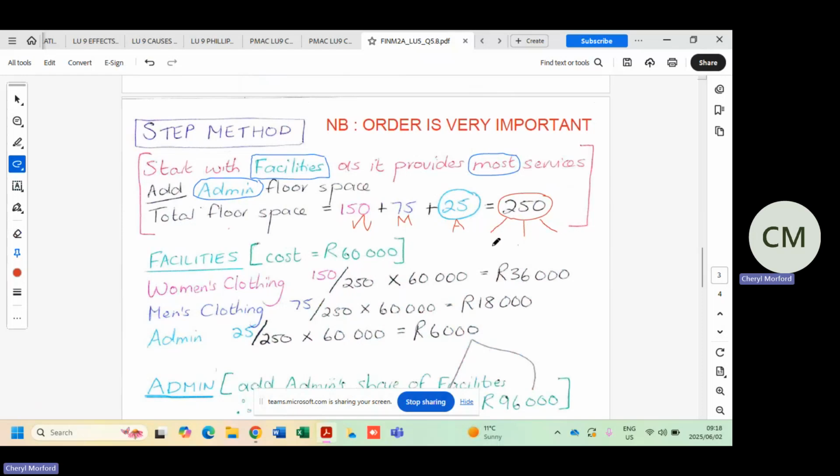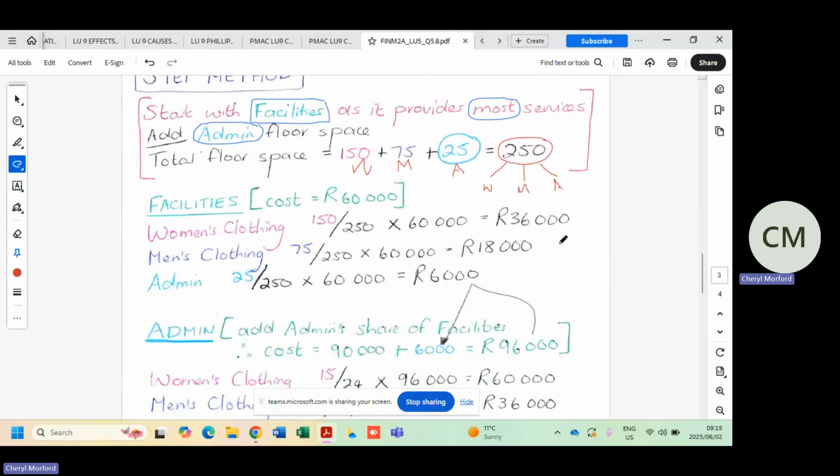Remember before, it was only twice to the production departments. What we're going to do now is still divide it amongst the women's and the men's production departments, but also the other service department, which is admin. And you'll notice that now the floor space is bigger. Previously, it was only 225. Now it's 250. So let's get cracking, shall we?